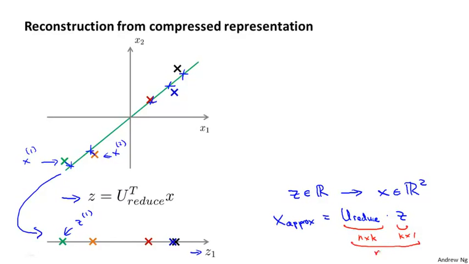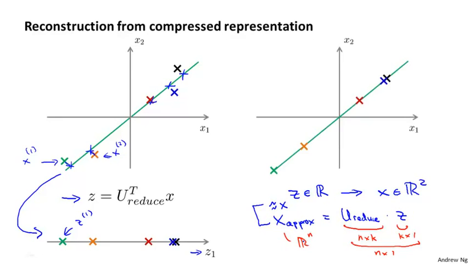So when you multiply these out, that's going to be n by 1, and so X approx is going to be an n-dimensional vector. And so the intent of PCA, that is if the squared projection error is not too big, is that this X approx will be close to whatever was the original value of X that you had used to derive Z in the first place.